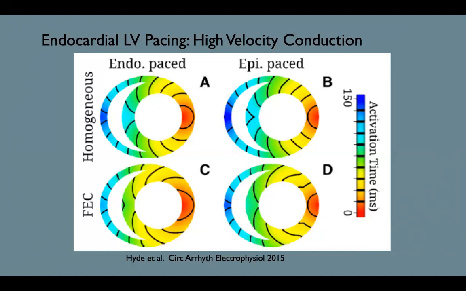This is actually a mathematical model in canines, but it does show the principles of endocardial pacing, which is essentially that the activation sequence will be improved potentially to an even greater extent than with epicardial pacing.